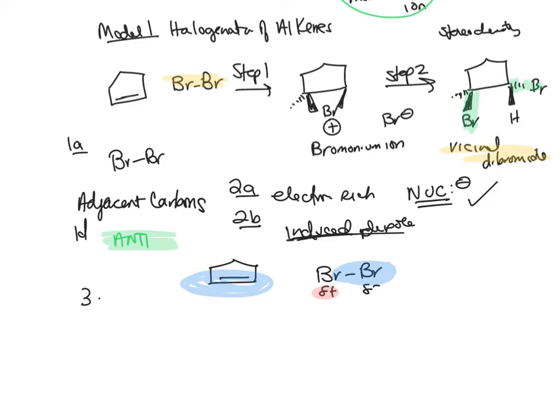3A. In step 1, identify what bonds are being broken and formed. The bonds broken on your reactant side are the Br-Br bond and the carbon pi bond. And what's formed? The carbon-Br and the carbon-Br bond are formed.